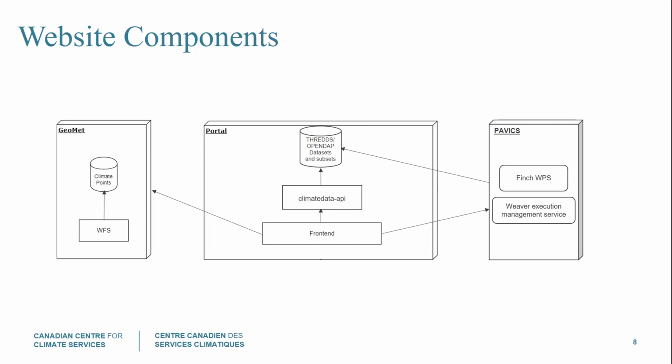So instead of storing every possible combination of time frequency and temperature threshold, these processing services are called to do the calculations for the user, hopefully on a much smaller subset than all of Canada, so they can then be accessed as smaller bite-sized files.